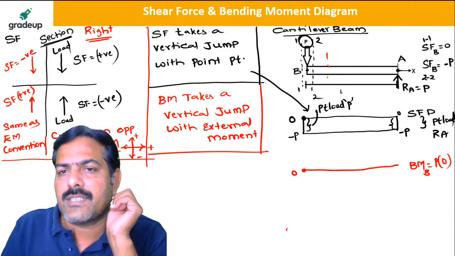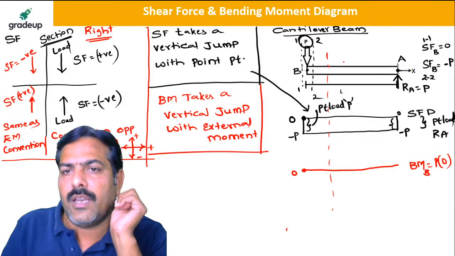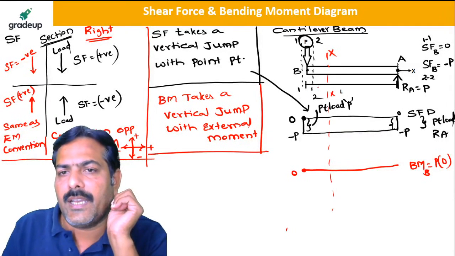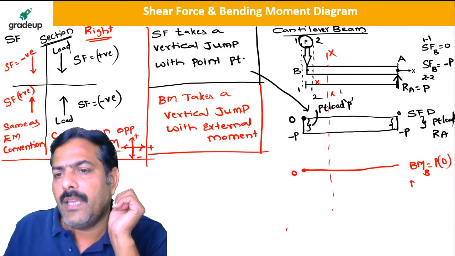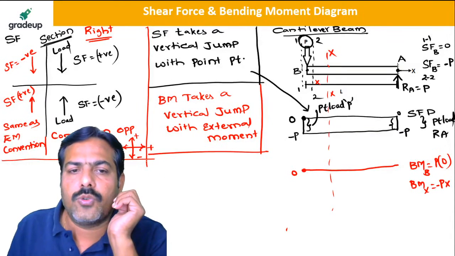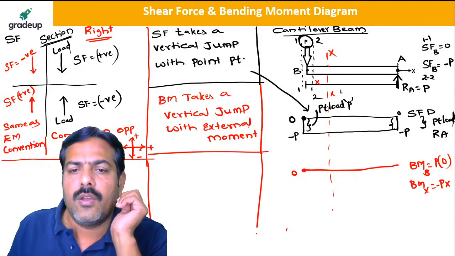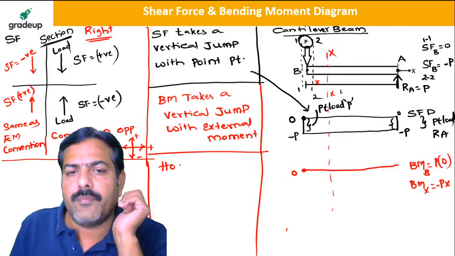But if I take a distance x, my dear friends, can you tell me what is the value of the bending moment at x? Bending moment at x is equal to P is the load, perpendicular distance is this, and this is hogging. So there are two types of moment that we need to consider. One is a hogging moment. What do you mean by hogging moment, my dear friend?